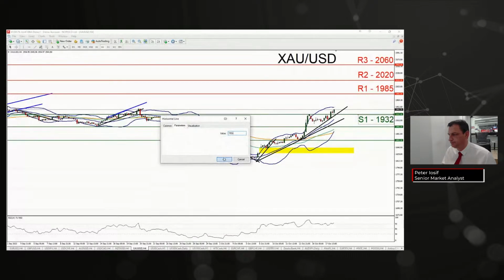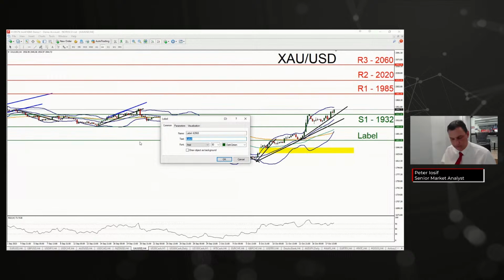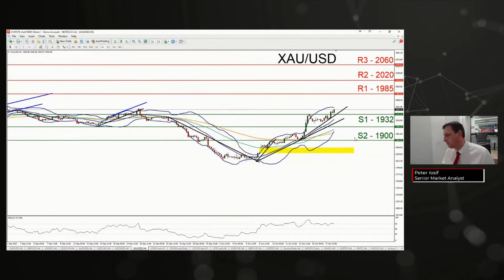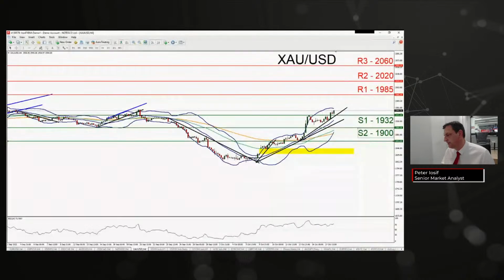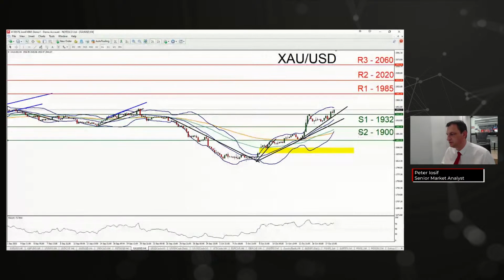The S2 at 1900. And the S3 at 1865, if I'm correct. Yes, it is.